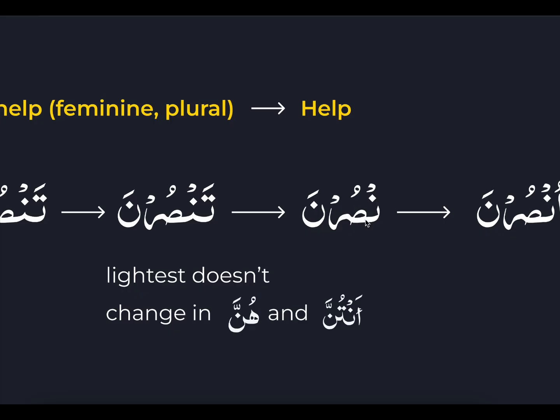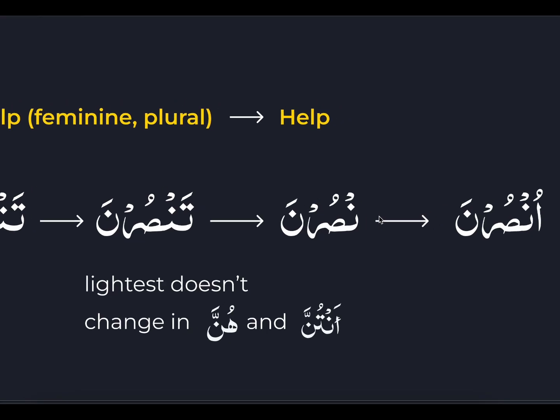So I get rid of ta, it becomes nsurna. Is it readable? It's not readable because of the sukun. So I need to add extra alif in the beginning. Now the question is, what sound does the alif get? I need to look at the second last letter. And the second last letter is not ra, because the last letter is ra. The second last letter is sad. Why? Because this nun came with the antunna.